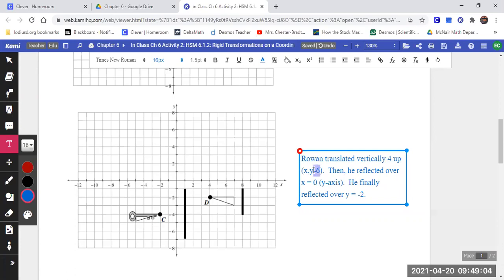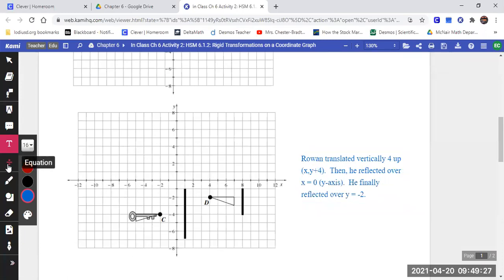But what are we doing to our Y? If we're going 4 up, what am I going to say happens? Y what? Up is which direction? Positive or negative? Positive 4. So let's look. What's our coordinate for our C? What's this guy right now? As is, what's its location?